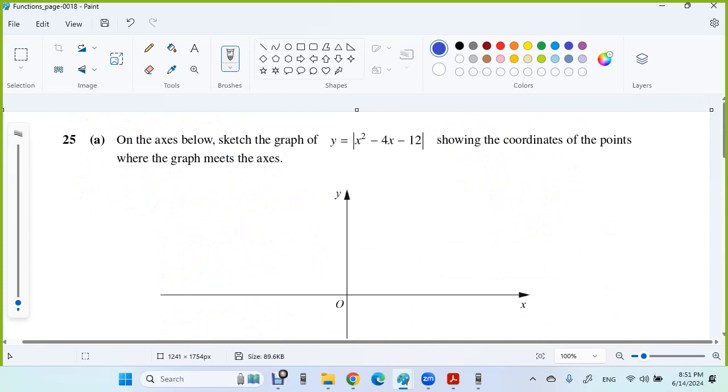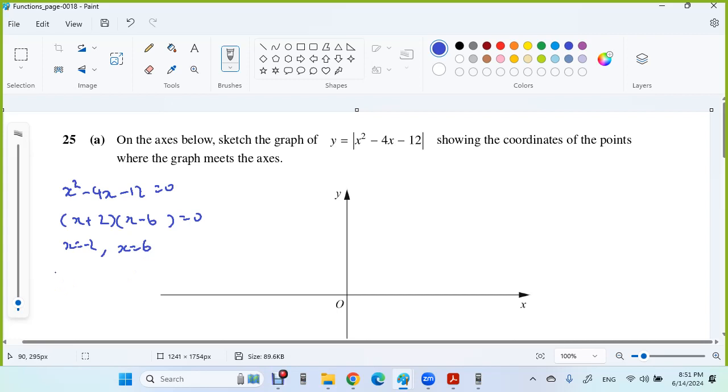Question number 25. On the axes below, sketch the graph of the modulus of x squared minus 4x minus 12. Show the coordinates of the points where the graph meets the axes. So we have x squared minus 4x minus 12 equal to 0, then factorising, x equal to negative 2 and x equal to 6.